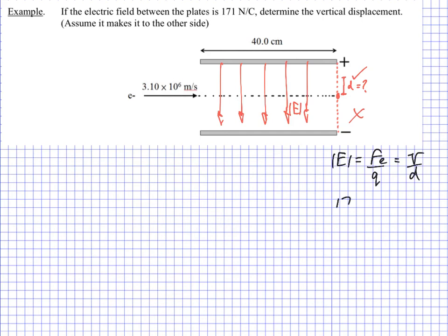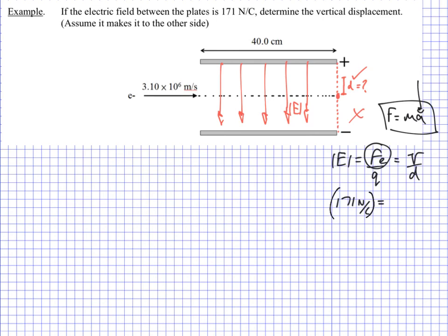I know that it's 171 newtons per coulomb. And I think I'm going to try and solve for a force, because I know that a force is also equal to mass times acceleration. So maybe I need this acceleration in here, I don't know. Let's keep pursuing this.